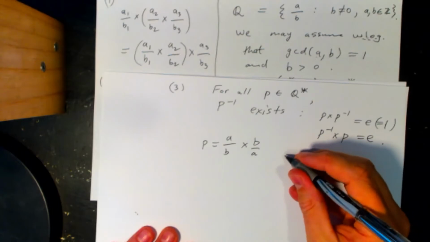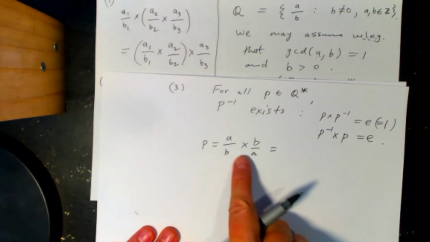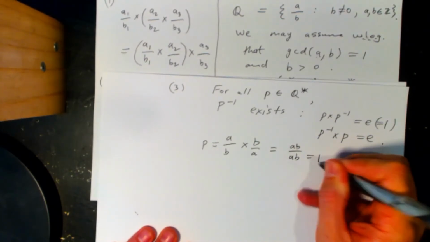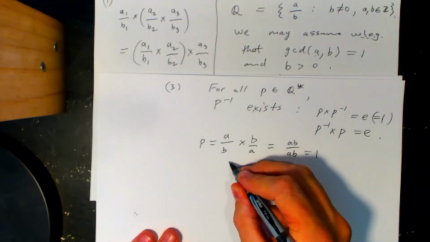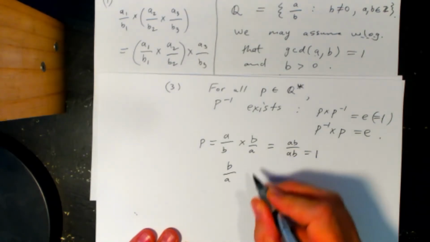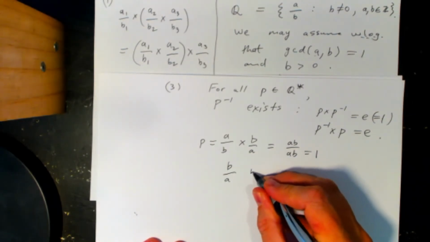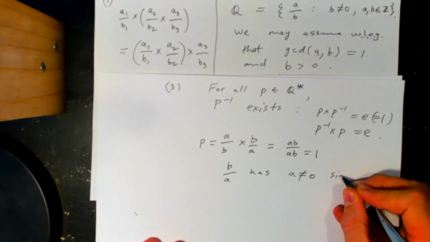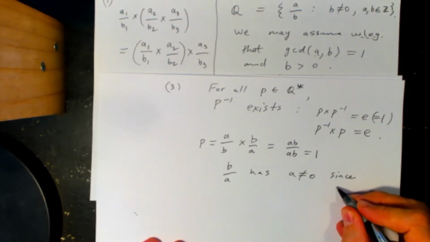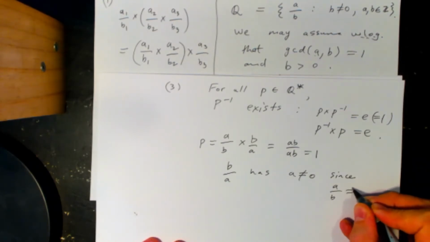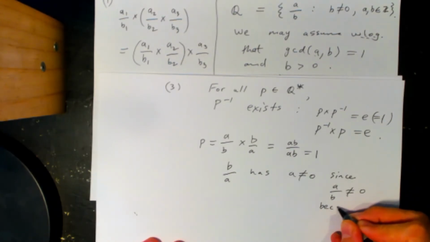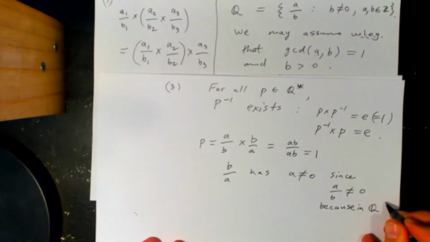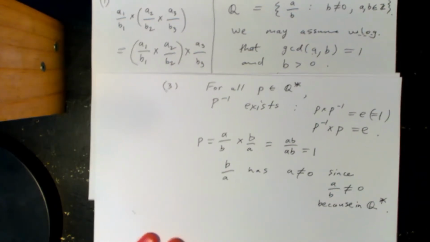Right? And when we perform this product, that's AB over AB, which is equal to 1. Okay? So B over A has A not equal to 0, since A over B is not equal to 0 because we are in non-zero rationals here.